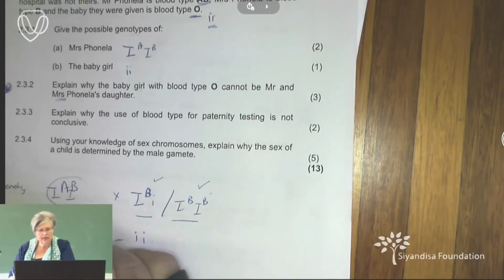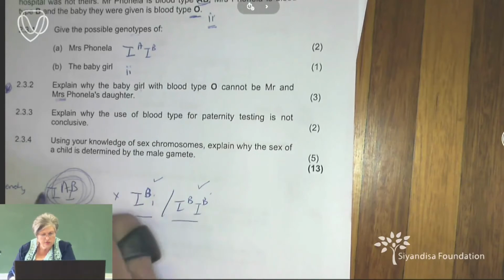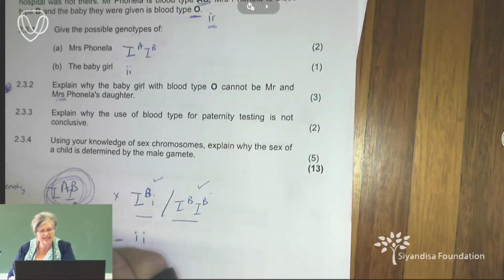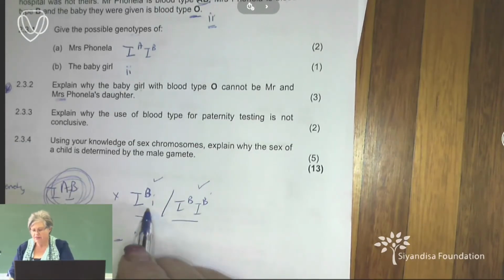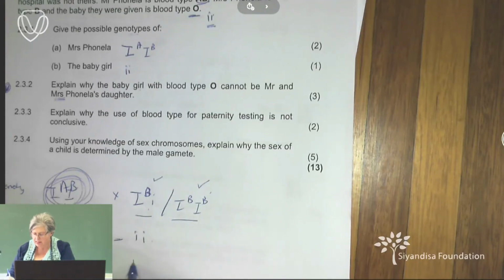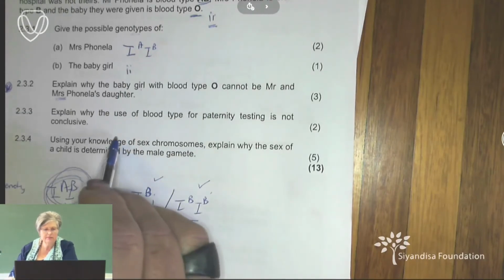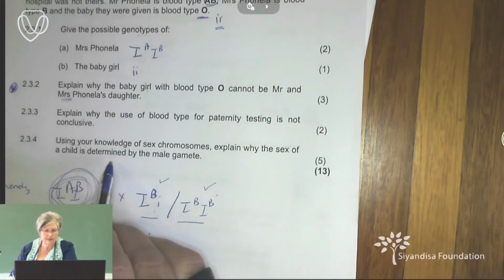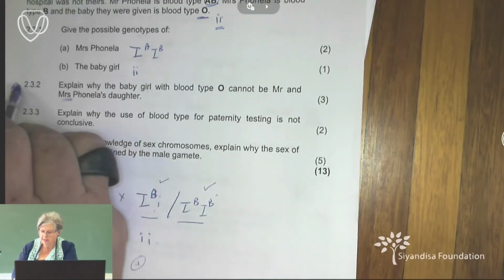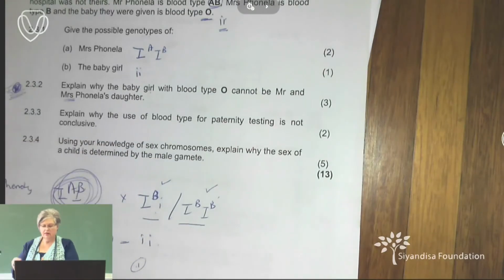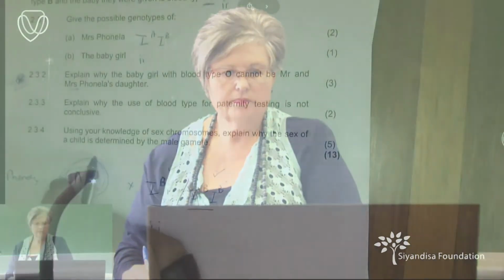She cannot inherit a small i from her father because he's A, B. And if her mother is like this, she can only inherit one. So there's no way that this baby can be Mr. and Mrs. Punela's baby. Okay, so that is very high cognitive. Analyze the situation, look for the relevant information, get to an answer. Okay, can you see? No?